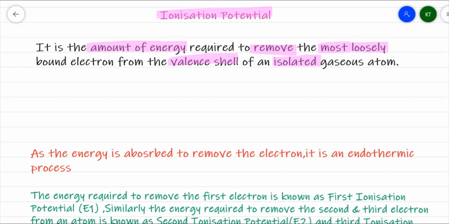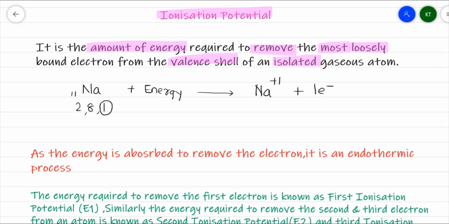So let me take an example here. I have a sodium atom whose atomic number is 11, electronic configuration 2, 8, 1. To remove the outermost electron which I circled, that is the last electron present in the third shell, I'll provide energy so that when this electron is ejected, it gets converted into a positively charged sodium ion, and this is the electron which is lost.